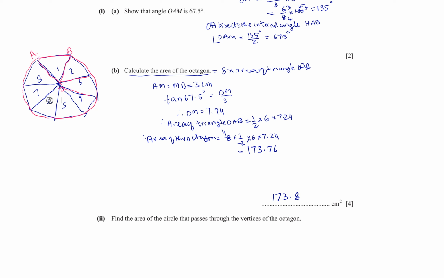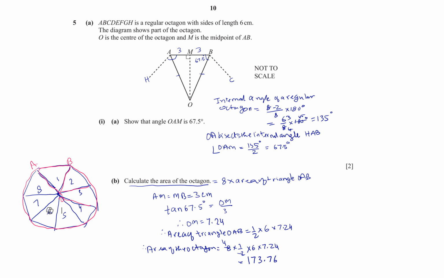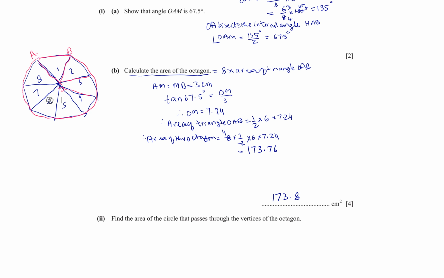So, referring to the figure they have provided, OA would be the radius of the circle, and so would OB. I just need to find what OA or OB is.